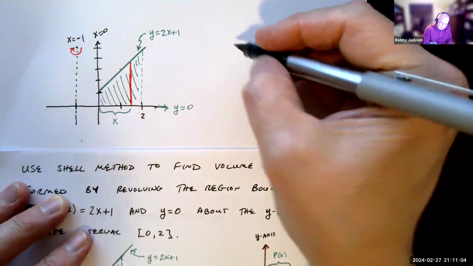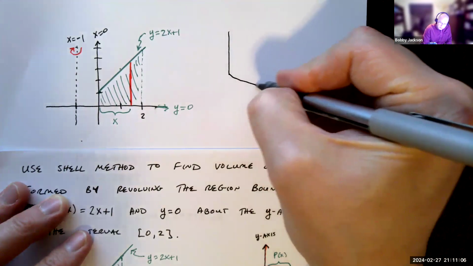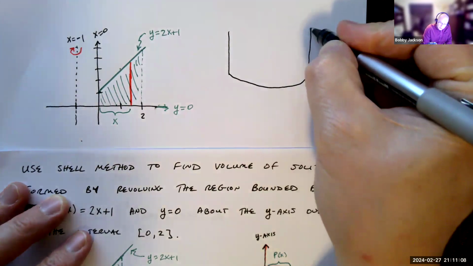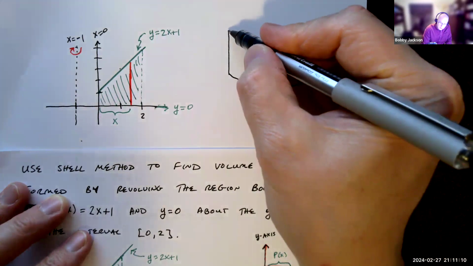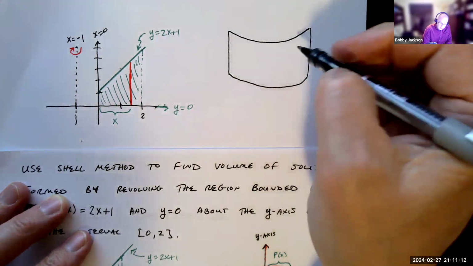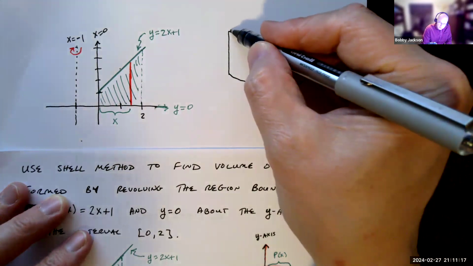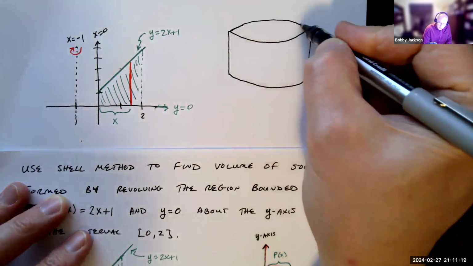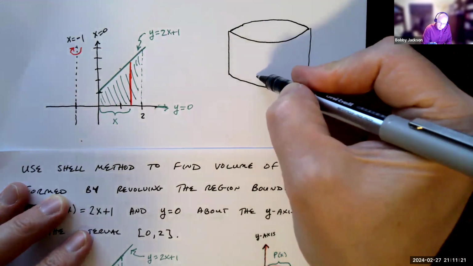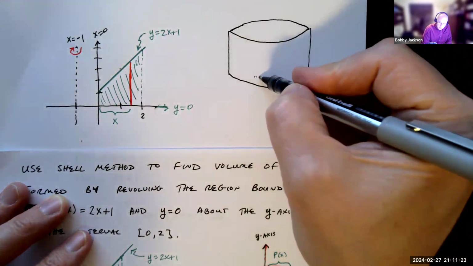So if I rotate this thing, let me see if I can draw this shape. On the outside, it does look like a cylinder. But then there is a hole in this cylinder.